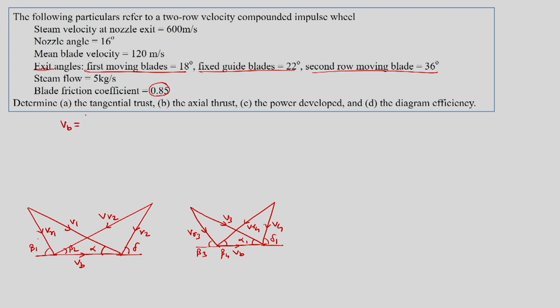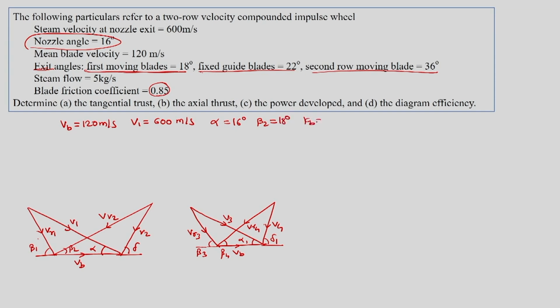Since VB is given as 120 meters per second, V1 is given as 600 meter per second, alpha, which is the nozzle angle, is given as 16 degree. Beta 2, which is the exit angle for the first row moving blades, is given as 18 degree.